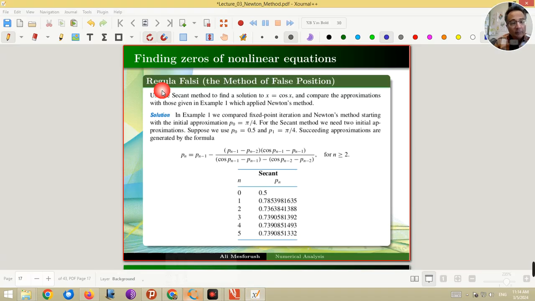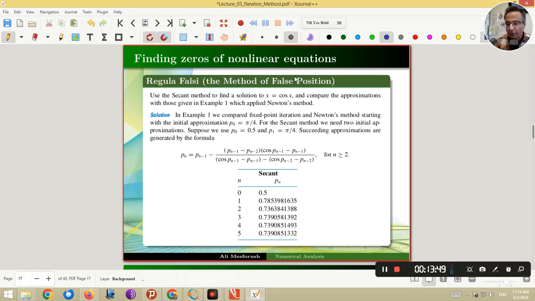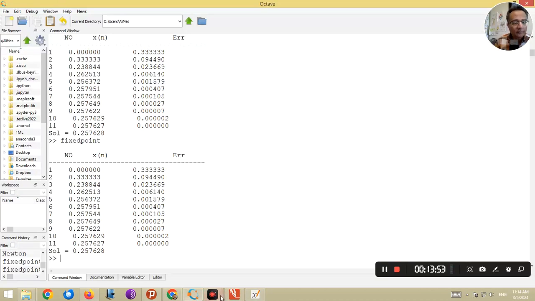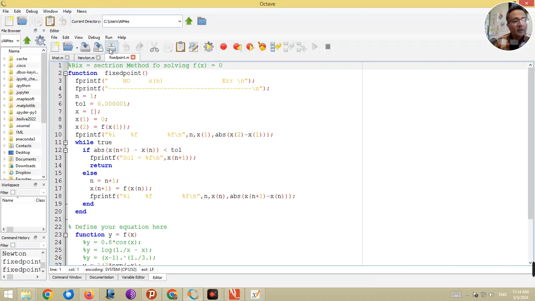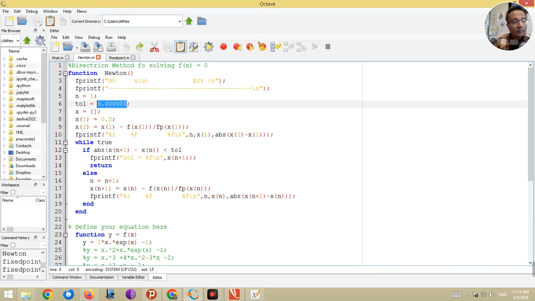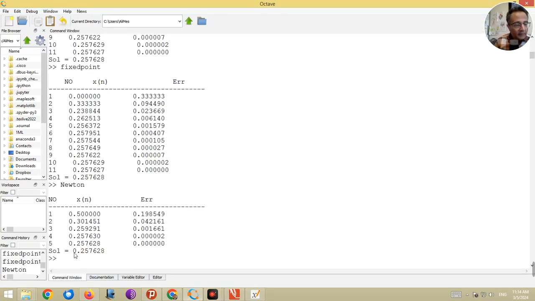Now, let me implement the Newton method. It is here. Let me implement it. I get the same solution in just 5 iterations. So, fixed point, 11 iterations, and Newton, 5 iterations.